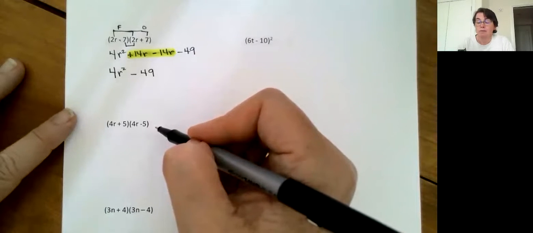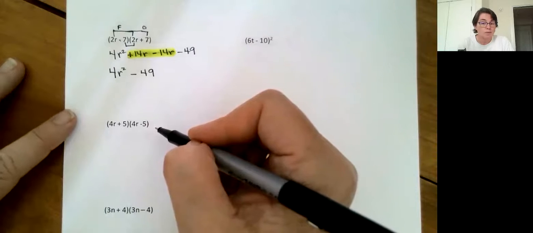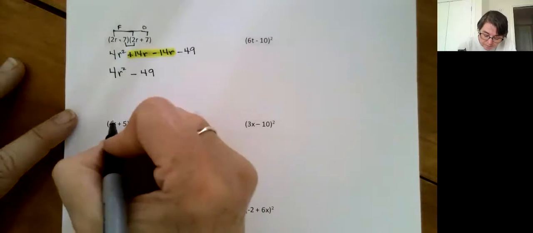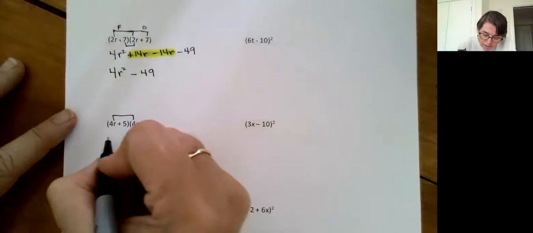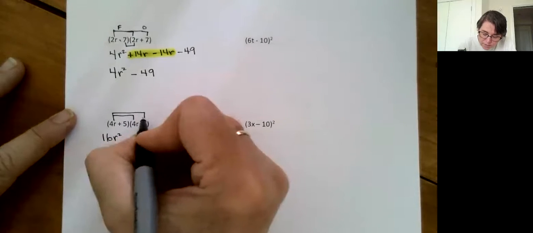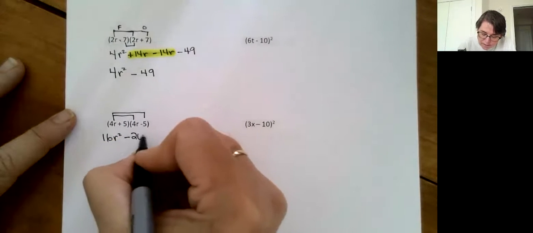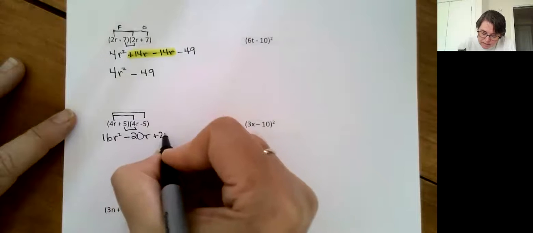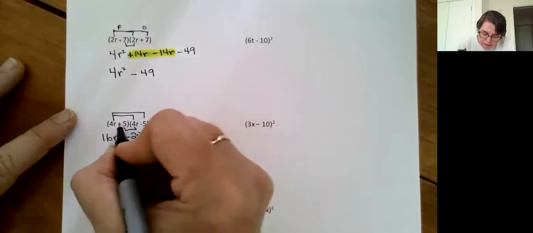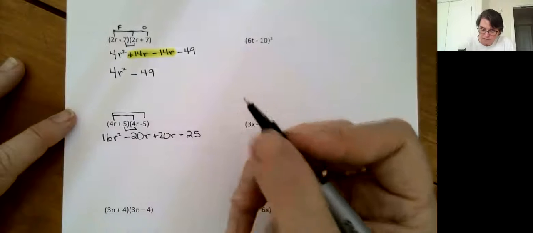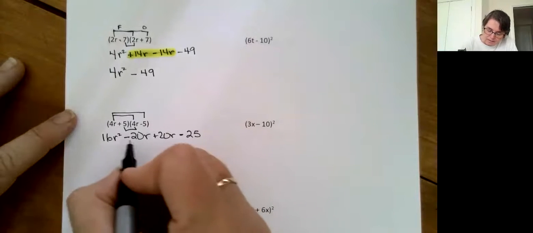I'm still going to FOIL it properly the whole way through, but I'm waiting and expecting the middle terms to disappear on us. 4r times 4r is 16r squared. 4r times minus 5 is minus 20r. Insides plus 20r, minus 25. All right, these two are going to cancel out like that.